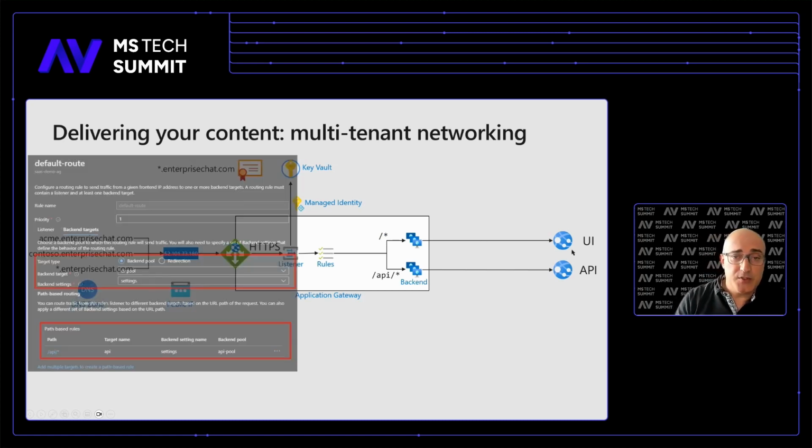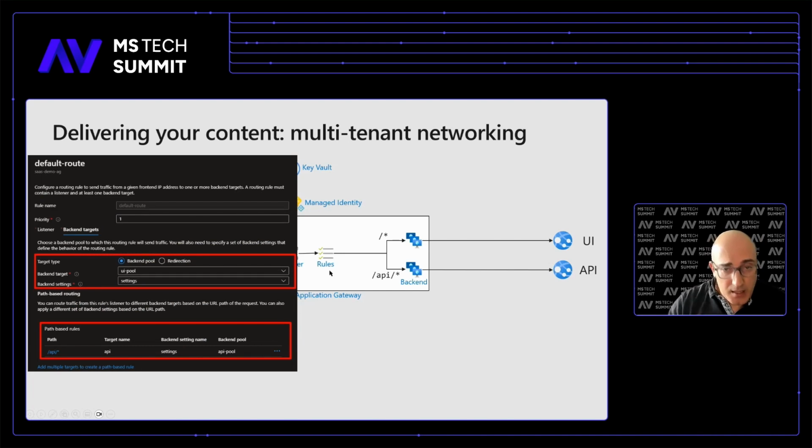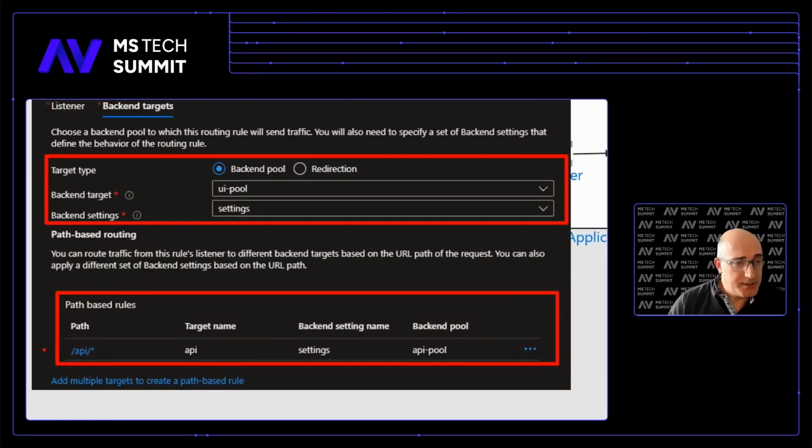And in order to do that, there's a routing rules section in Application Gateway where you can do exactly this, right? So in my case, if I zoom in, as you can see, I've configured this path as a target for the API pool, right here. And in case no paths are matched, everything will go to the UI pool here.